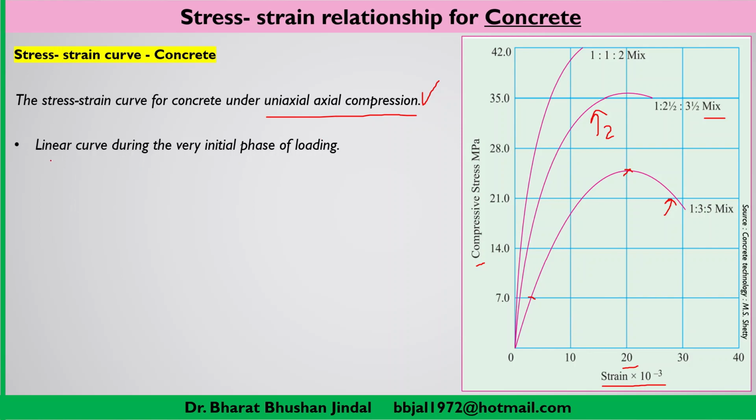Now, as we have discussed, there is a linear curve during the initial phase. Everywhere you will find that some part of the curve is linear. That means it is just like an elastic curve, and you can consider that up to this limit, concrete behaves just as an elastic material, and after that it is not elastic, it is an inelastic type of material.